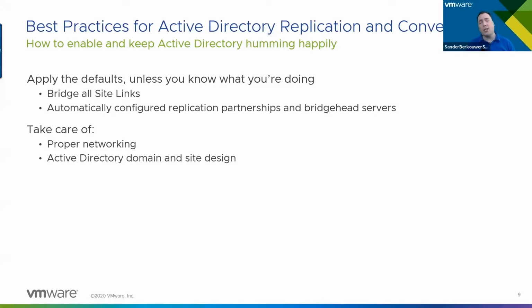So please do not disable the bridgeable site links option, and please don't configure manual bridgehead servers or manually create replication partnerships and stuff like that, because there's only a small amount of environments where you actually need that. And of course, take care of proper networking and a good Active Directory domain and site design.